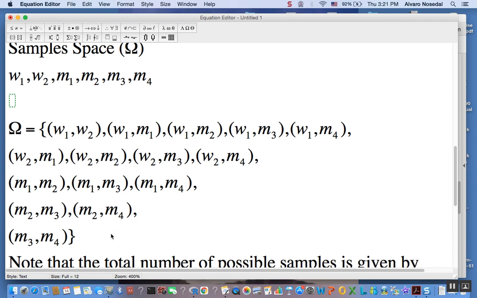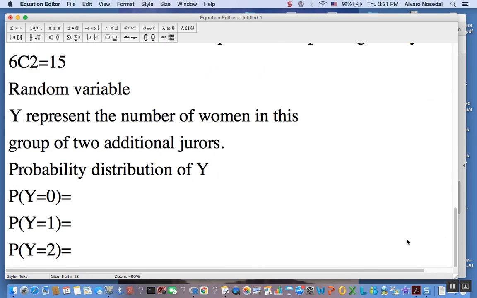And the thing is that we are making this selection, drawing that sample, randomly, and any of these samples has the same probability of actually being the one observed, so they are equally likely. So what we have here is 6 divided by 15, right?